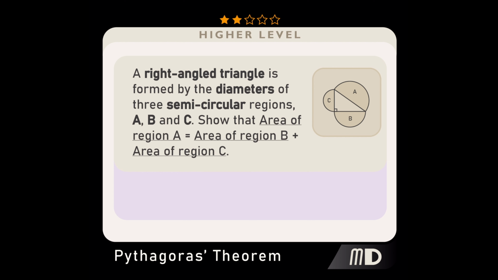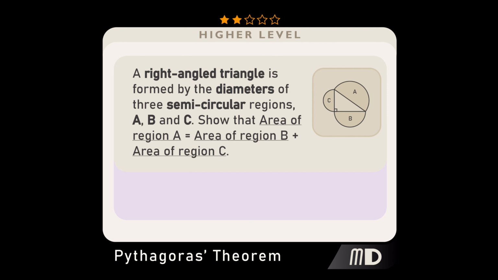The diameter of a circle is the distance from one edge of the circle to the opposite side, passing through the center of the circle. For a semicircle, the diameter is the straight edge. The radius of a circle is found by halving the diameter.